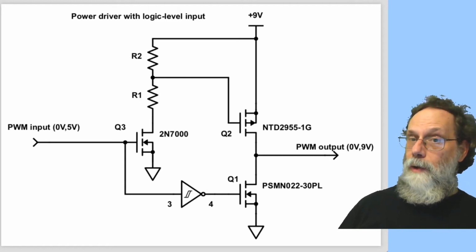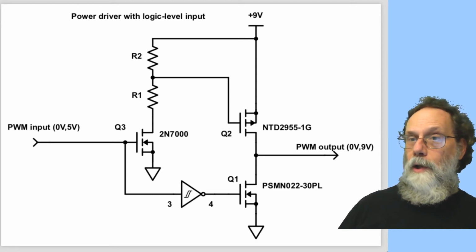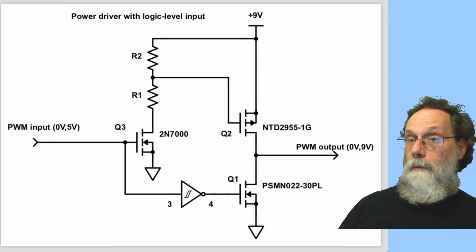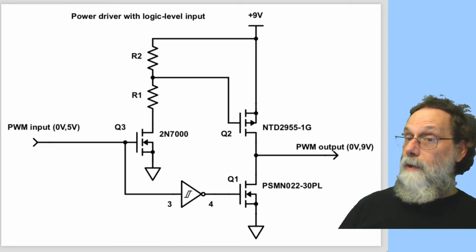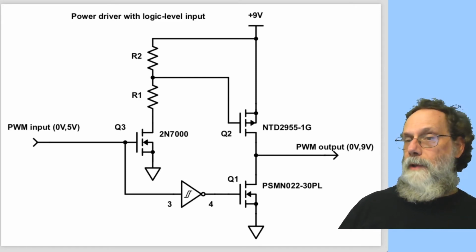If Q3 is turned off, there's no current through R1 and R2 anymore, and R2 will be pulling up the gate of Q2 all the way to 9 volts, turning the PFET off. Okay, so when the PWM input is low, the output is low, Q1 is on, Q2 is off.